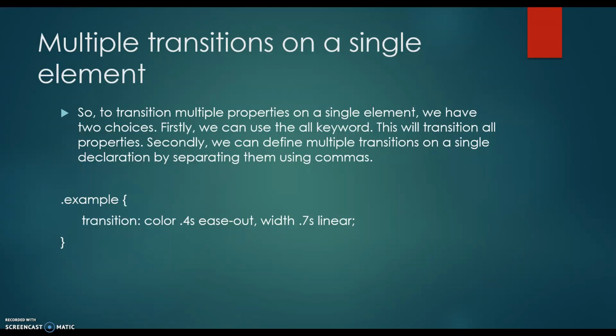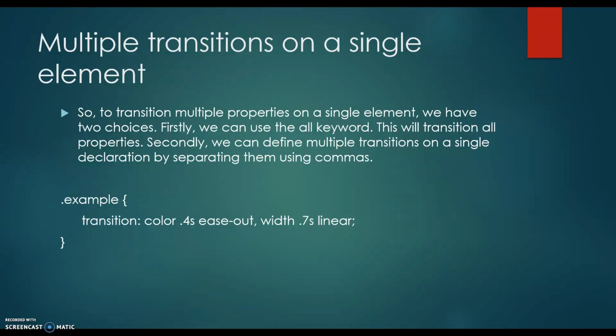So, to transition multiple properties on a single element, we have 2 choices. First, we can use the all keyword, and this will transition all properties the exact same way. Or we can define multiple transitions in a single declaration, separating them by using commas. An example of that is shown.